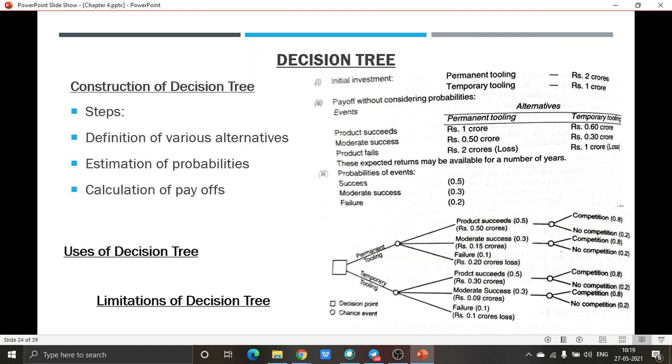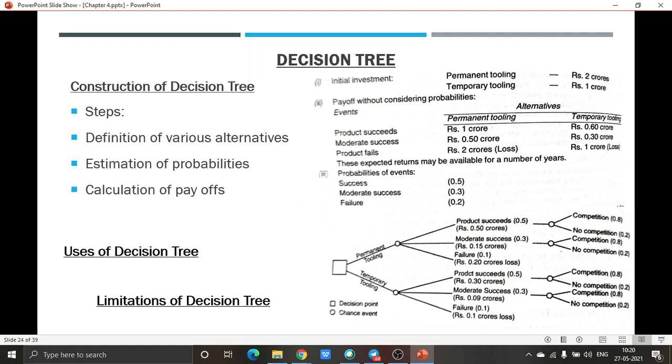Now, had there been certainty of events, the payoff table would be as shown in your PPT. Okay, but then given probabilities, the payoff table can be prepared as shown in the decision tree.